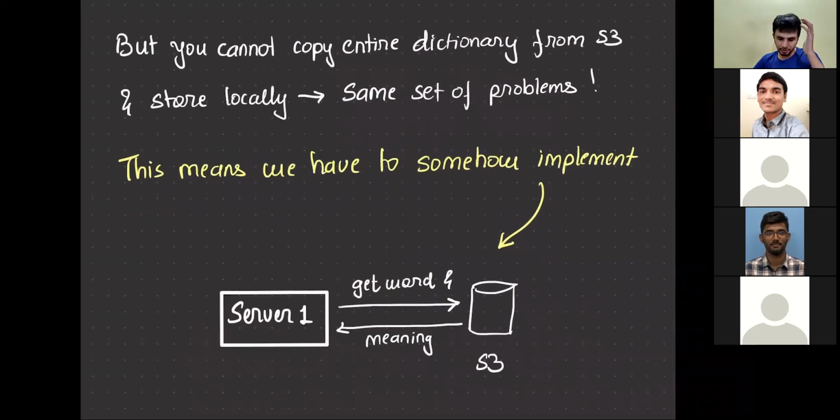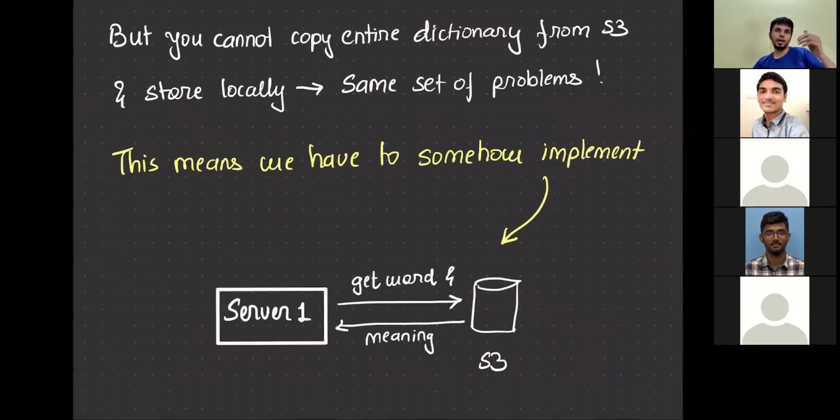So what do we do? Somehow our server directly talks to S3 and gets the word and the meanings. Somehow if we can directly do this, like something like a network attached storage. So this S3, although I've written S3, you can assume anything which is a network attached storage.